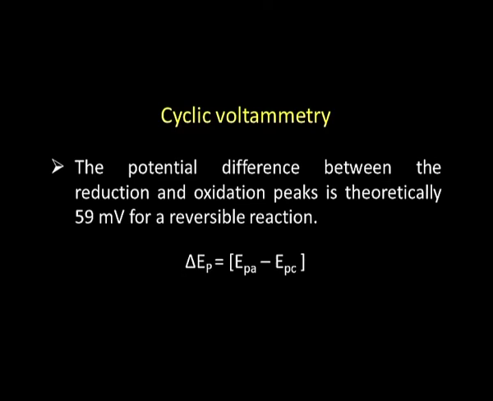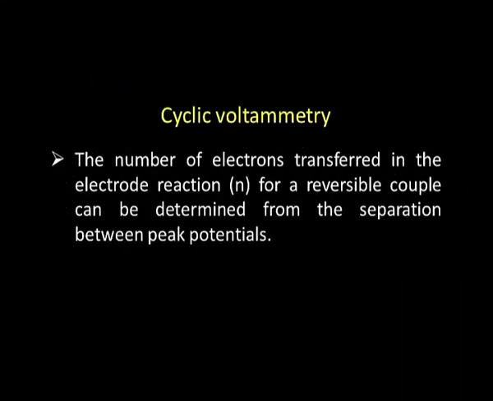The potential difference between the reduction and oxidation peaks is theoretically 59 millivolt for a reversible reaction. Delta Ep is equal to the peak potential of the anodic peak minus the peak potential of the cathodic peak. The number of electrons transferred in the electrode reaction, that is small n, for a reversible couple can be determined from the separation between the peak potentials.